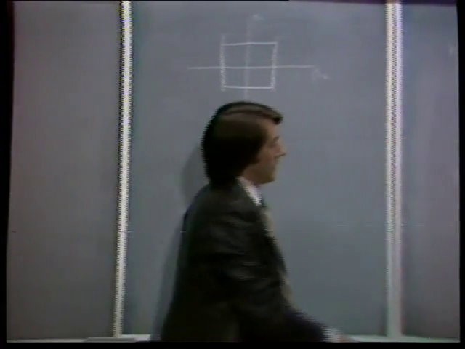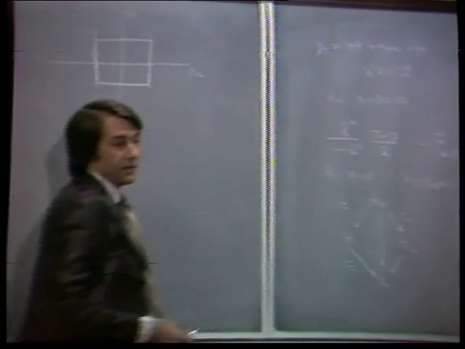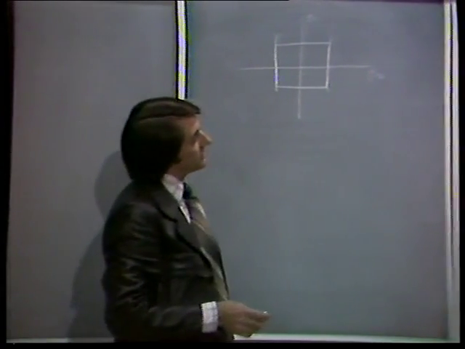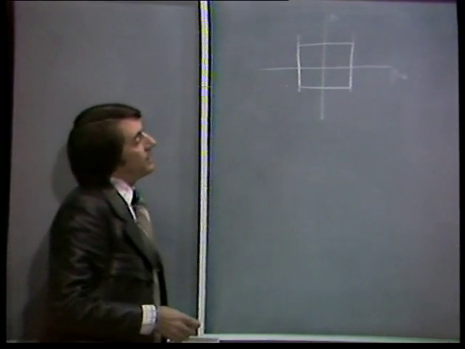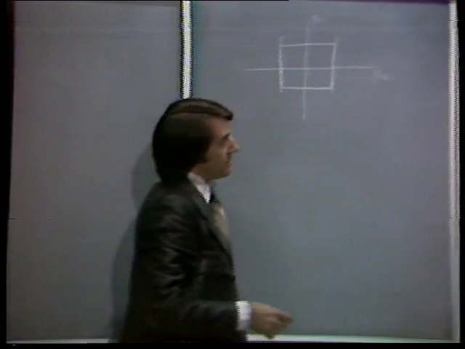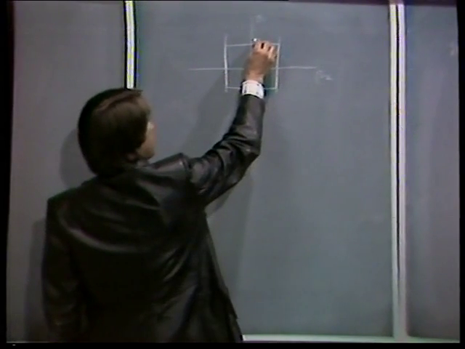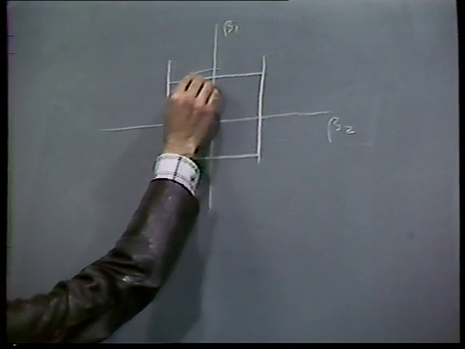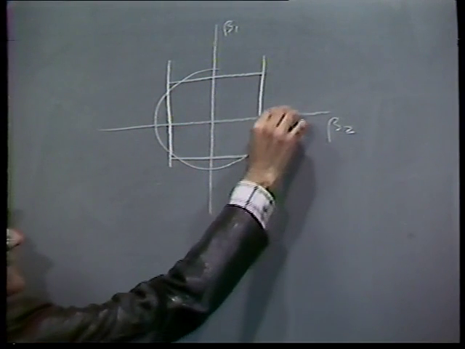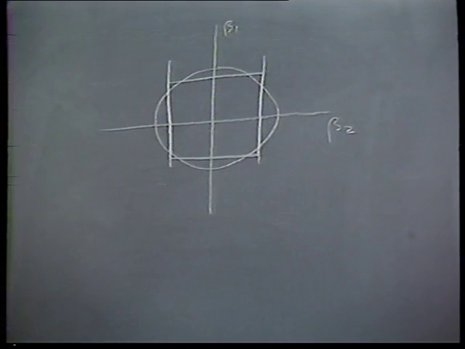If we were to perform the direct F-test, then the acceptance region, given the orthogonality of x1 and x2, is a circle. And the point is that it doesn't completely enclose the square, nor does the square completely enclose the circle.